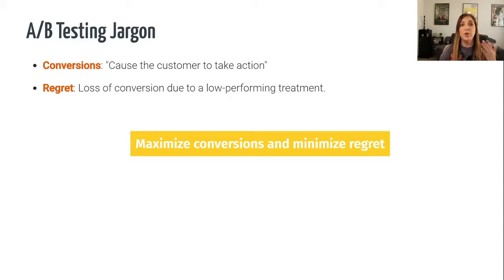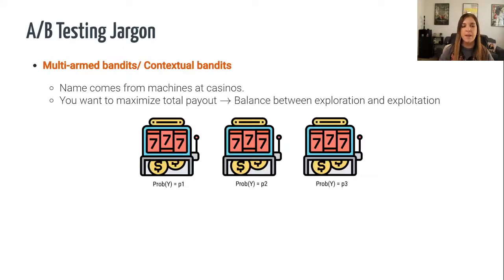So you're learning which one is doing better, but at the same time, when you're sending people to the one that's doing worse, you're probably losing conversions, and basically you have more regret. So you need to know which one is doing better to maximize conversions, but at the same time, you want to minimize regret. And that's where bandits come in.